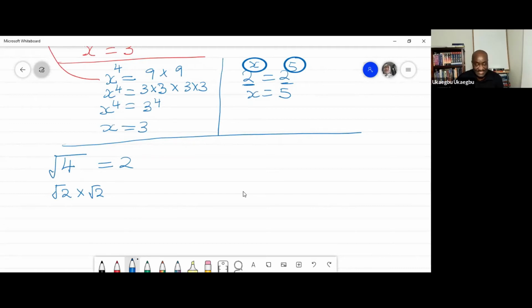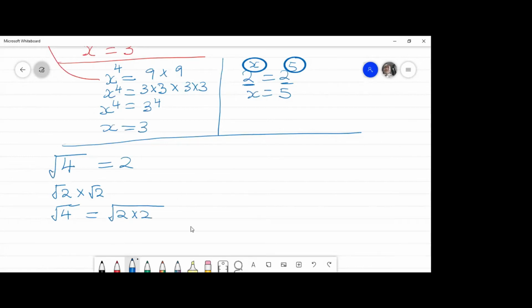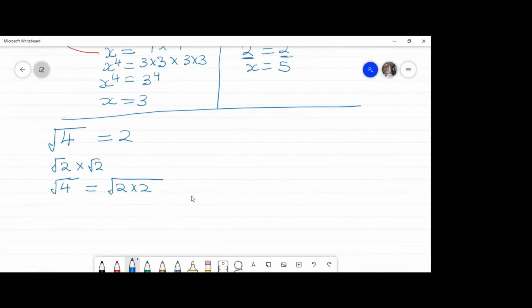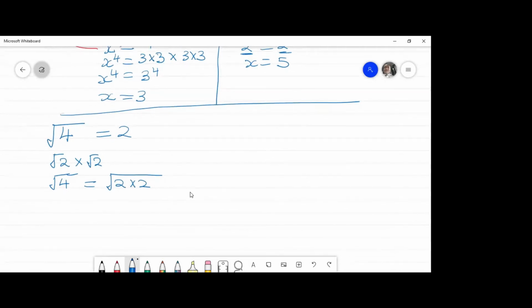That's actually yes. The answer is actually yes. Square root of 4 can be written as square root of 2 multiplied by 2. But the way you put it made it seem as if you were supposed to do the work, square root of 2 times square root of 2.